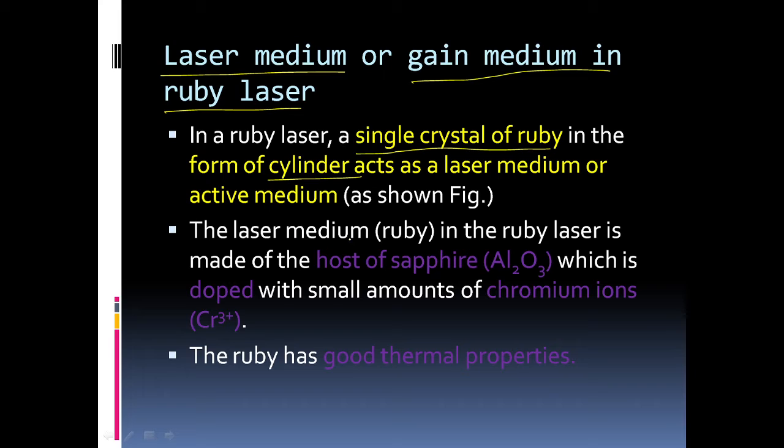The laser medium in the Ruby Laser is made up of a host of sapphire, Al2O3, which is doped with some amount of chromium ions. Ruby has good thermal properties.